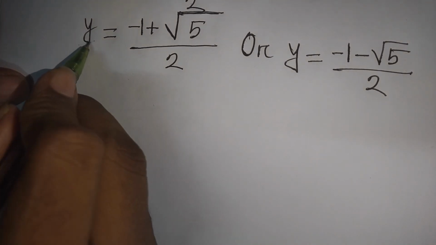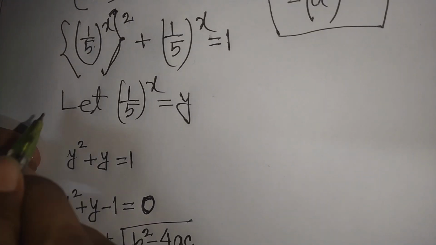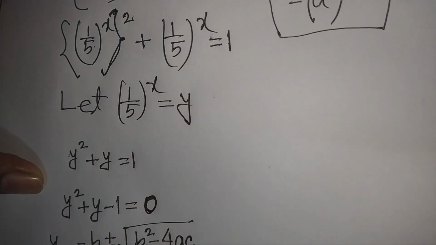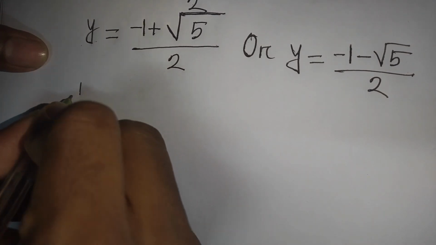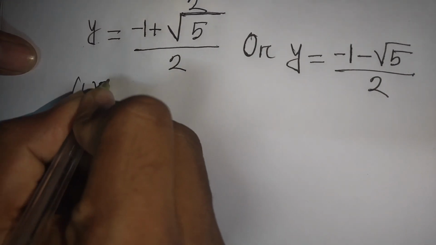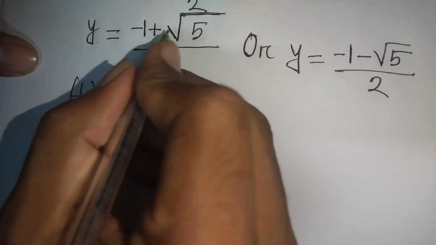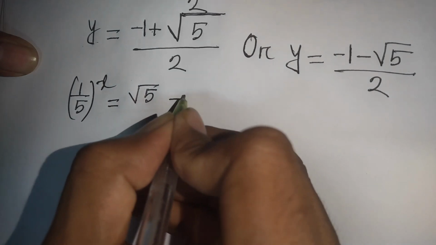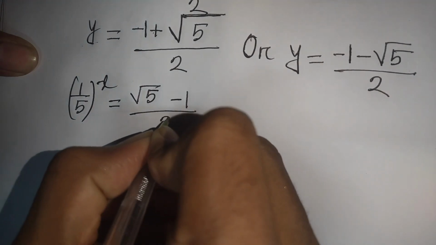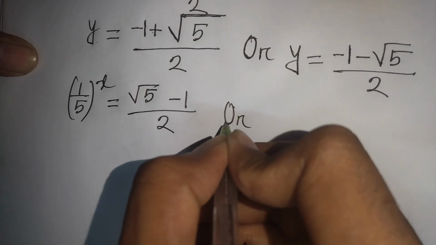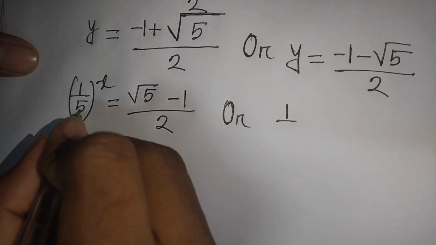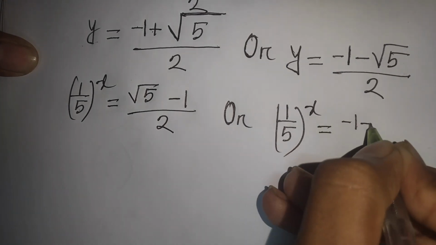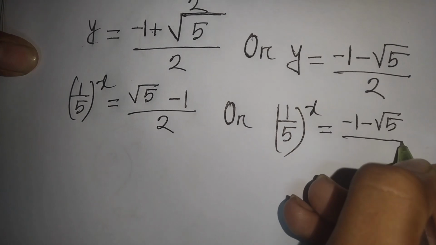Now remember that let 1 by 5 bracket power x be substituted by y. So y, that means 1 by 5 bracket power x is equal to square root of 5 minus 1 divided by 2, or y, that means 1 by 5 bracket power x is equal to minus 1 minus square root of 5 divided by 2.